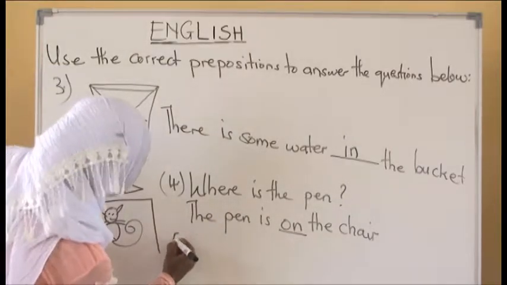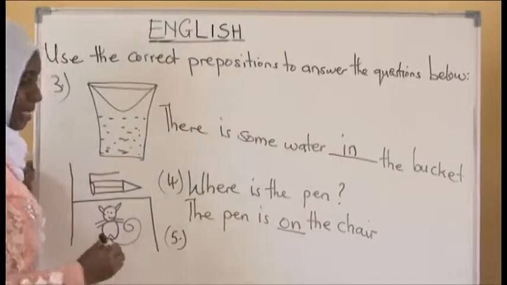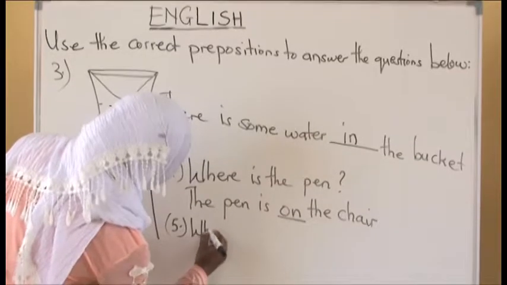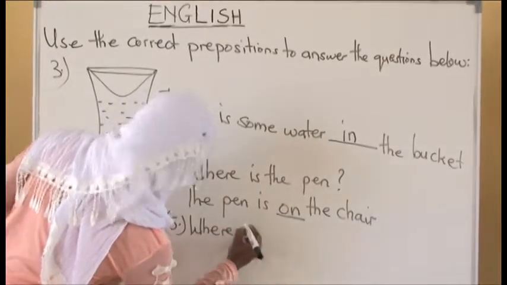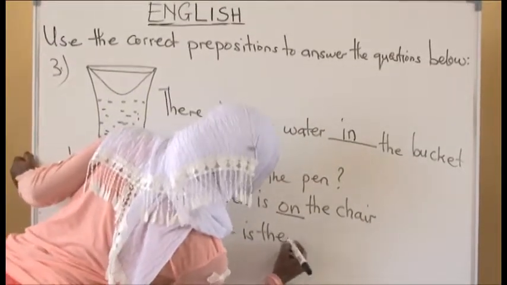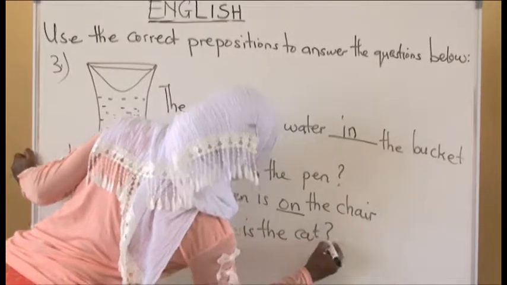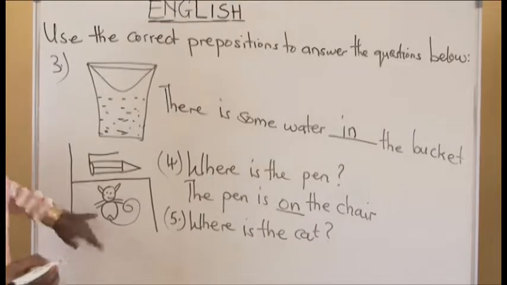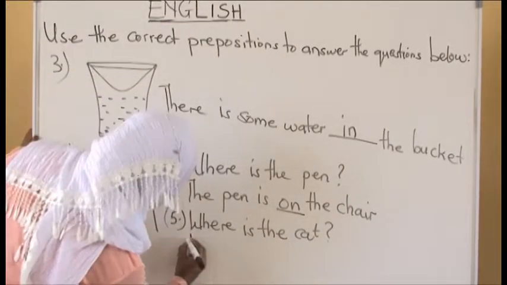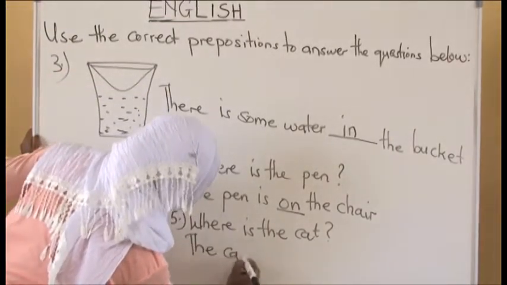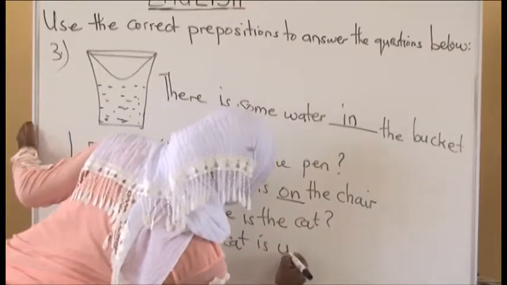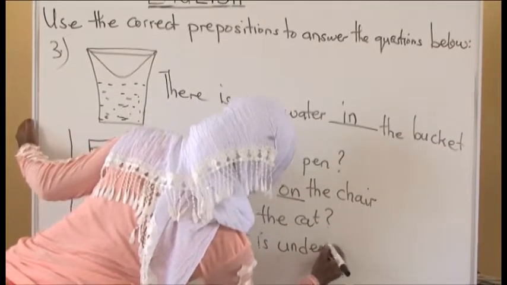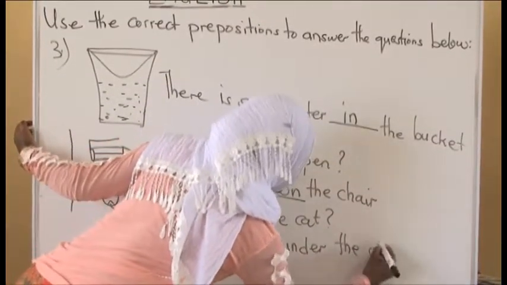Then question number 5 was asking, where is the cat? And we can all see that the cat is down here, so we are going to answer it like this. The cat is under the chair.